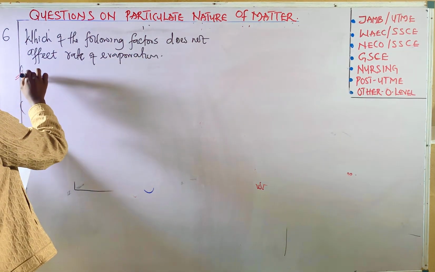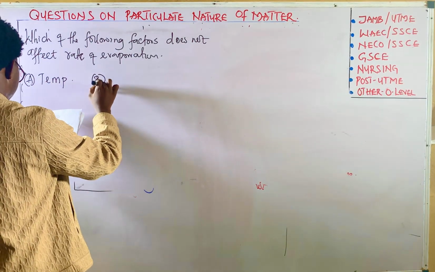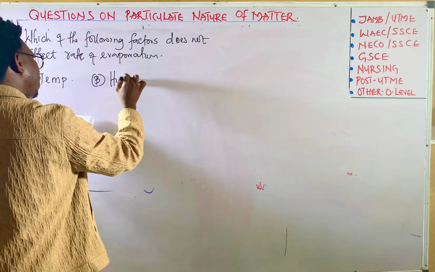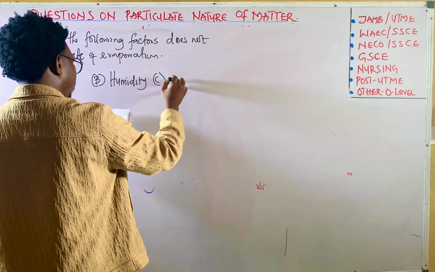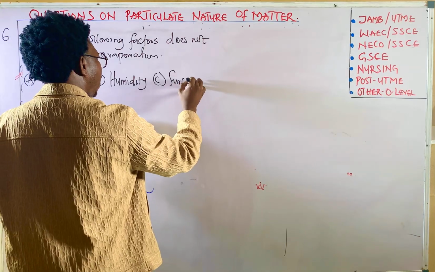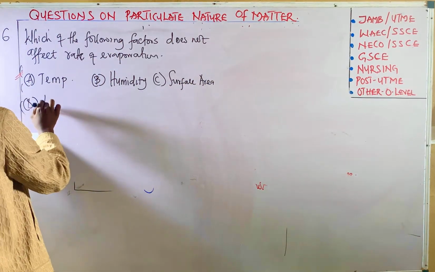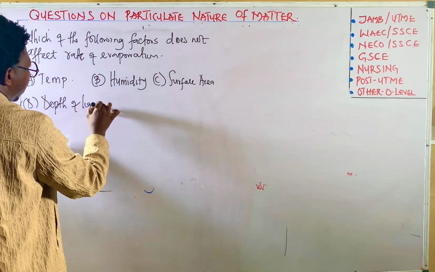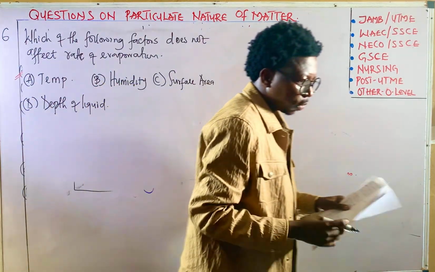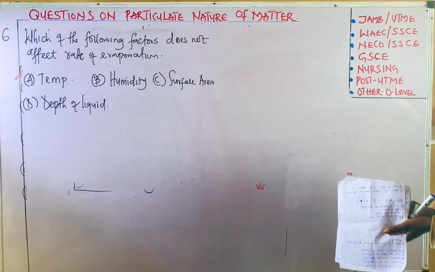Option A, temperature. Option B, humidity. Option C, surface area. Option D, depth of liquid. So pause the question, write your answer, then play back to see if you're correct.